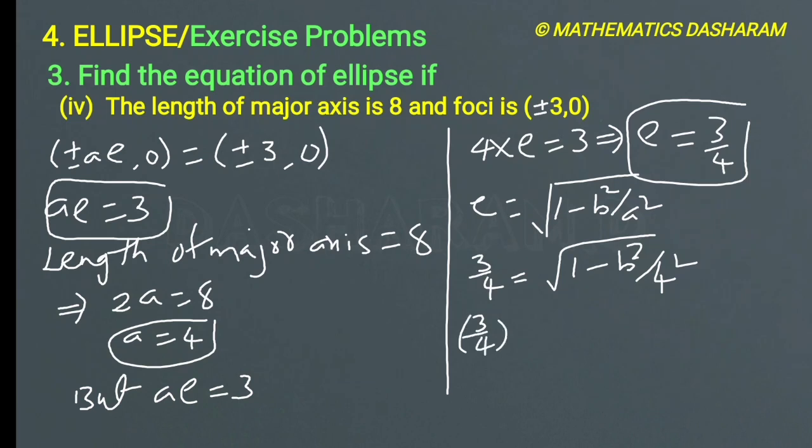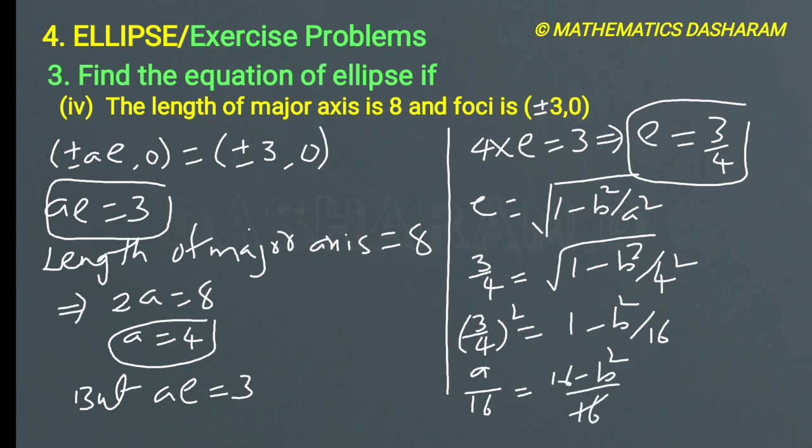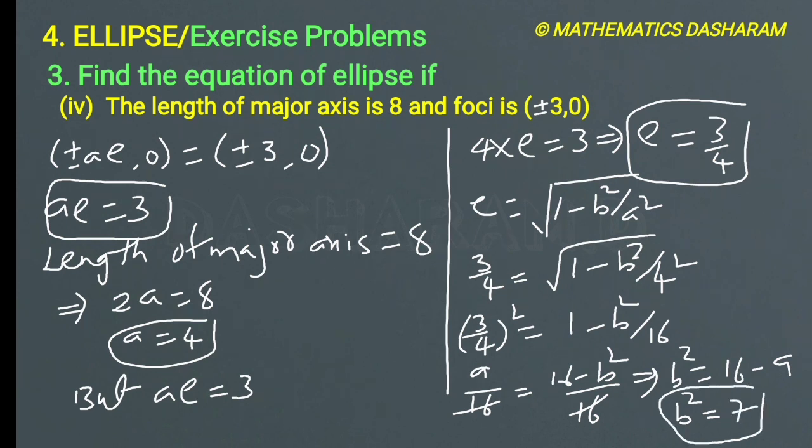So 3 by 4 whole square equals 1 minus b square divided by 4 square is 16. 3 square is 9, 4 square is 16. So 16 minus b square by 16. Here both are cancelled. Then it implies b square equals 16 minus 9. Then b square equals 7. Keep it as it is. No need to find out the b value.